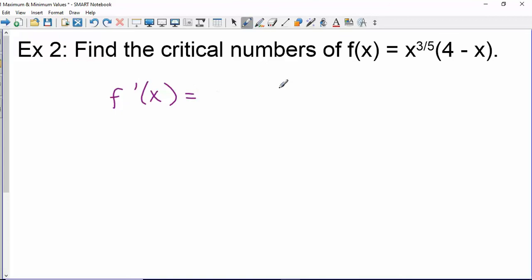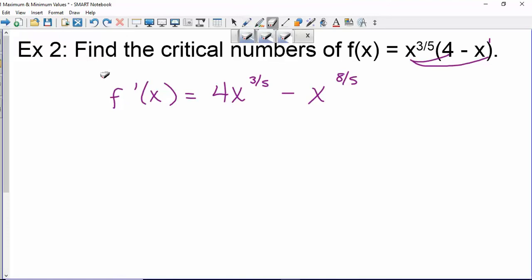We distribute first. Otherwise, we're going to have to do product rule, and I'd really rather not. So that would give us 4x to the 3/5 minus, this is an x to the first. When you multiply those, you add your exponents. So 3/5 plus 5/5 is 8/5.